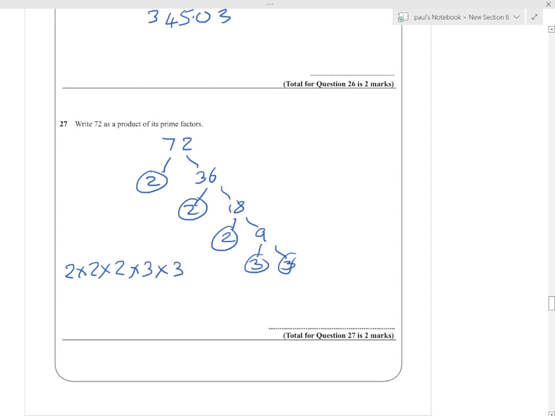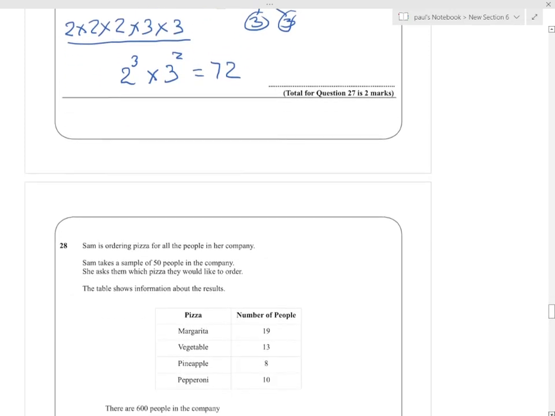Yeah, but we've tidied that up a bit. So we've got 2 cubed times 3 squared equals 72. That's in index form, but they didn't say index form, so maybe you get away with that, yeah? But I would do it anyway, just to show off.